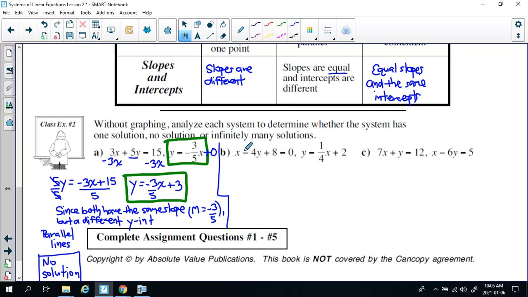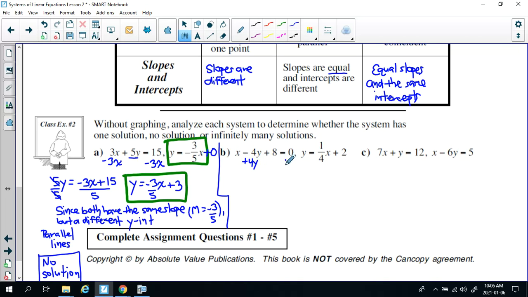Okay, next one. We have x minus 4y plus 8 equals 0, and y equals 1/4 x plus 2. The second equation is in y equals mx plus b format, but the first one is not. So let's first of all get that into y equals mx plus b format. We don't want a negative sign in front of the y term, so we'll bring y over to the other side.